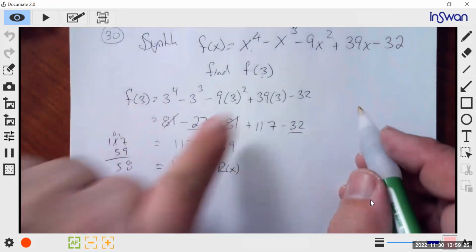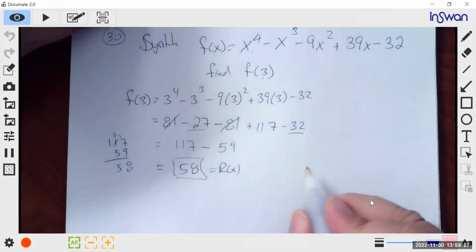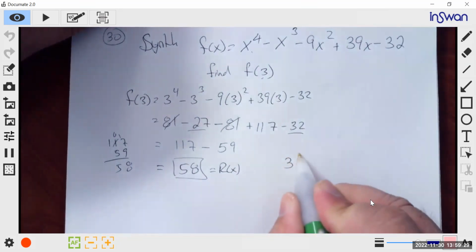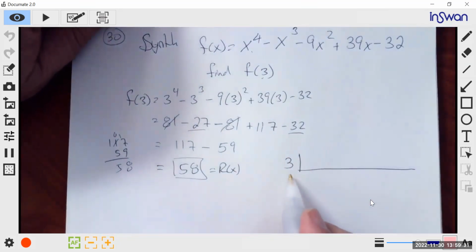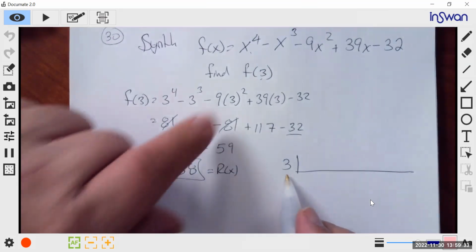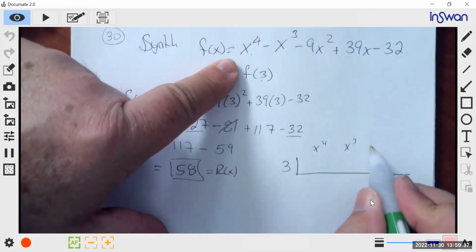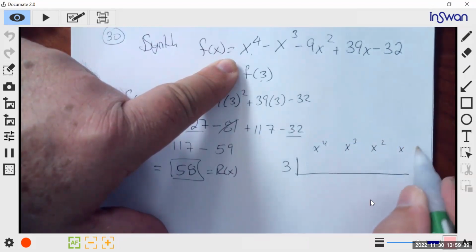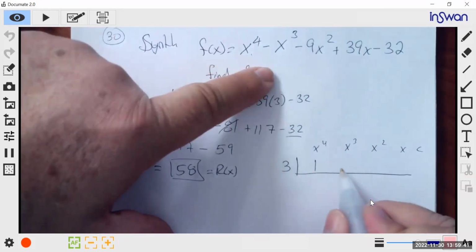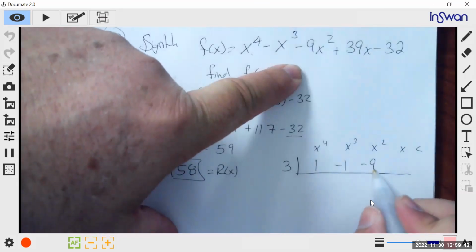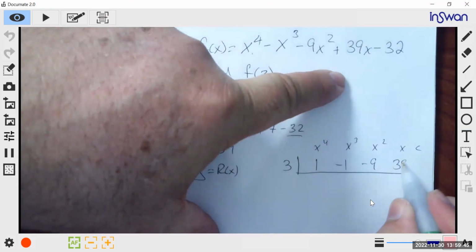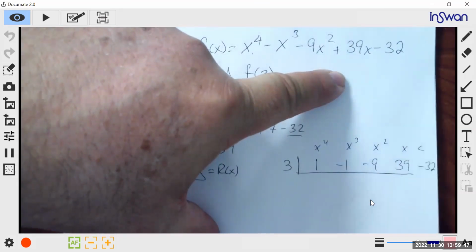Or since we're looking for f of 3, that'll be our denominator. X to the fourth, x third, x squared, x, constant. 1, -1, -9, 39, -32.